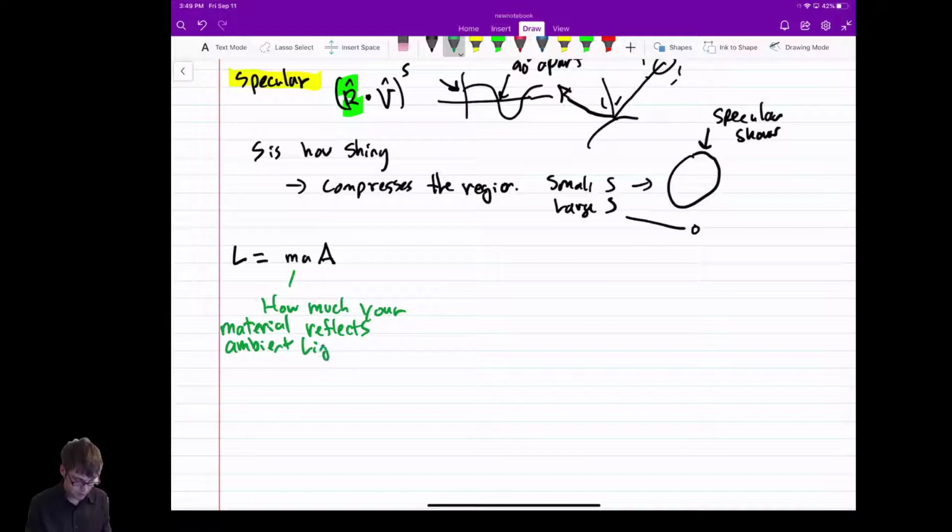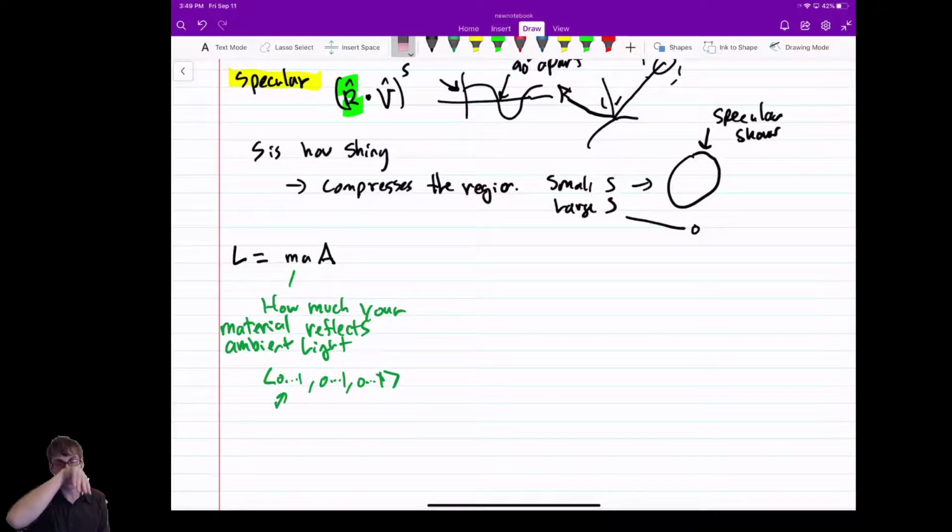So what you do is you set this to be a vector of 0 to 1. So if I have a blue surface, I just set the blue to 0.2 and I'll get a bit of blue ambient light. If I want to keep white, I use them all the same. If I put this to be 1, I get 100% ambient light. It'll be solid white. So this is how much ambient light to mix in.